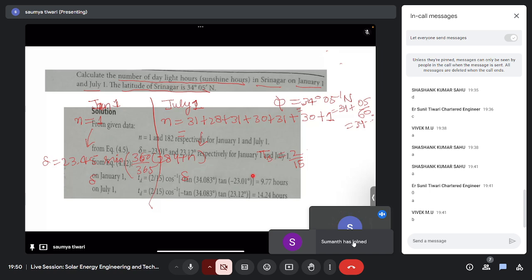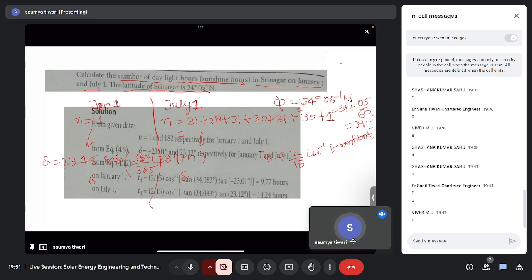Okay, and the declination angle you got, you can put in this equation: 2 by 15 cos inverse of minus tan phi tan delta. This is the equation to calculate the day length. You know the delta and the phi, so you can put them back into this equation, and on January 1st you get 9.77 hours of daylight, and on July 1st you get 14.24 hours of sunlight.